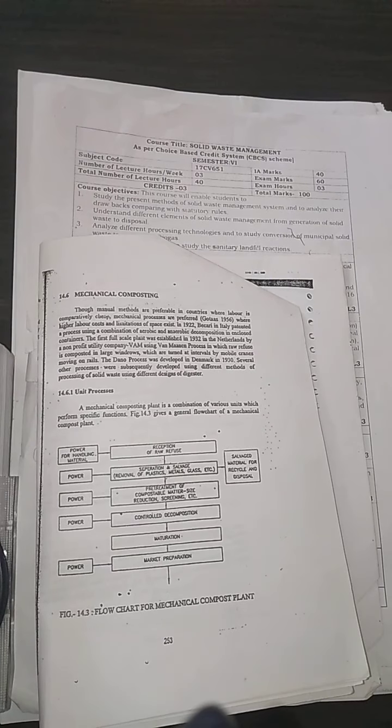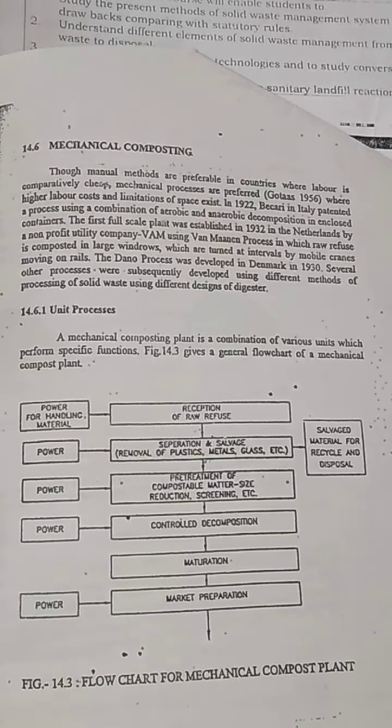Next is the mechanical method of composting. In the mechanical method of composting, we will be utilizing some equipment, such as screening, in order to reduce the size of the waste material. Along with that, we will be using some other things also.